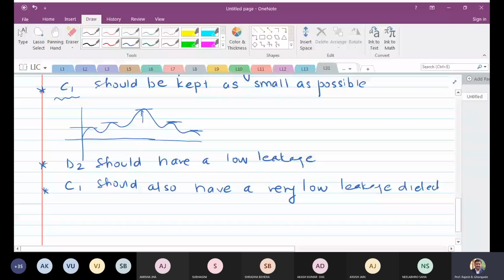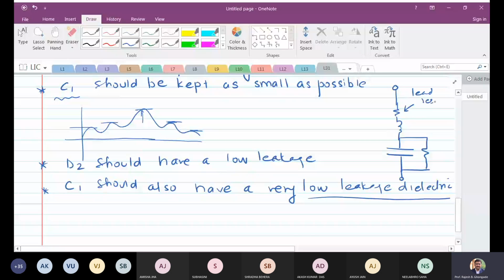Remember the capacitor model, which we may have discussed earlier. The capacitor model is something like this. This is the lead resistance.